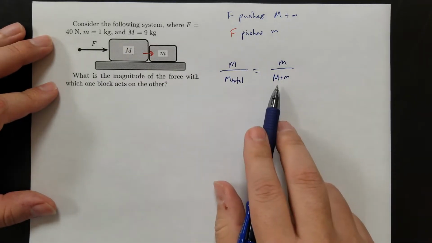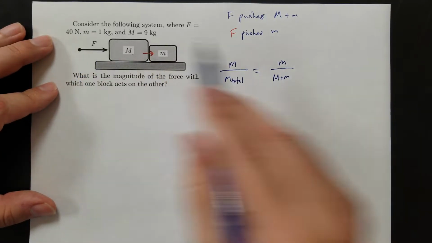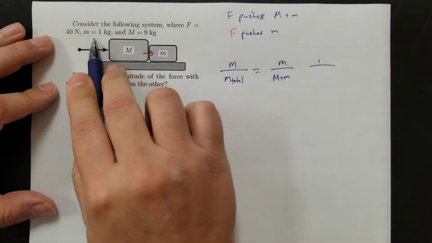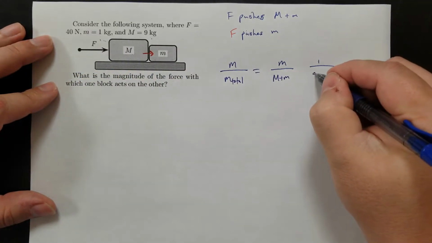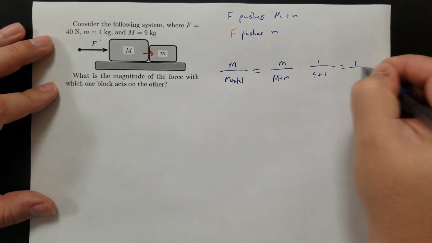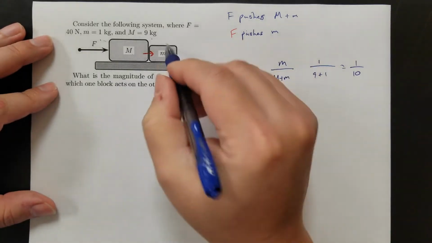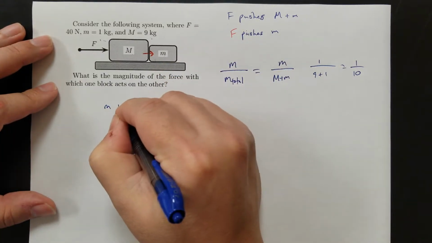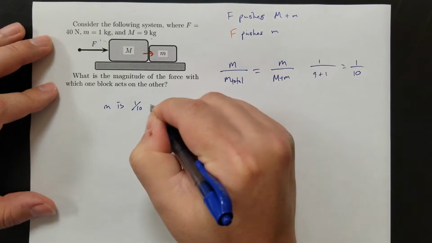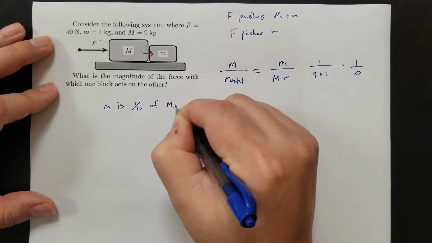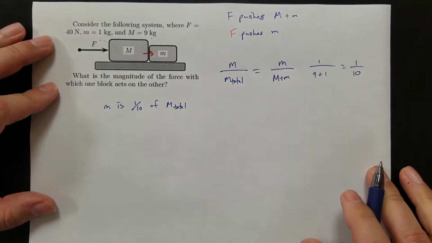In this case, my ratio of masses is 1 over 9 plus 1, so that's 1/10. This little mass, little m, is 1/10 of the total mass.